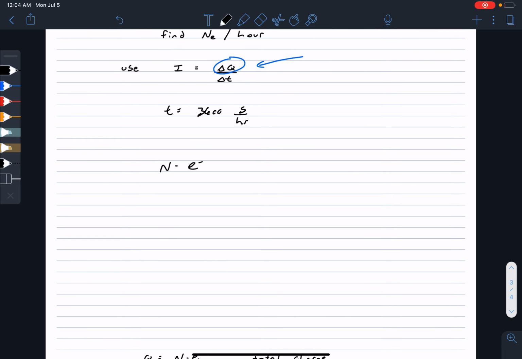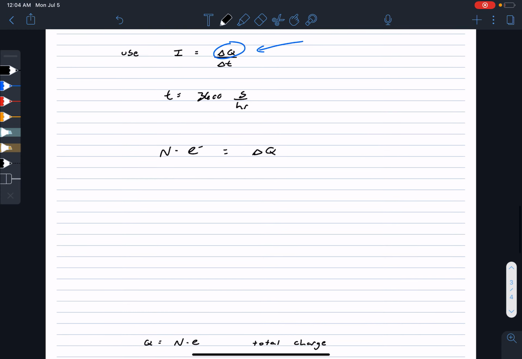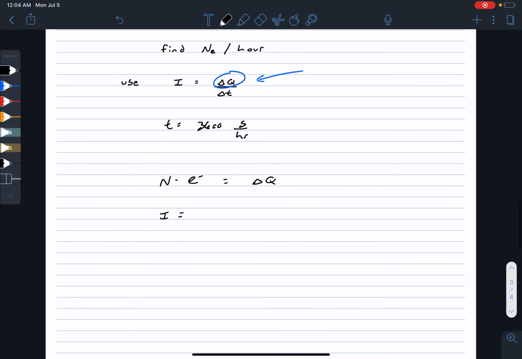So now here's what we got. I is equal to N times the charge of the electron over 3,600 seconds.